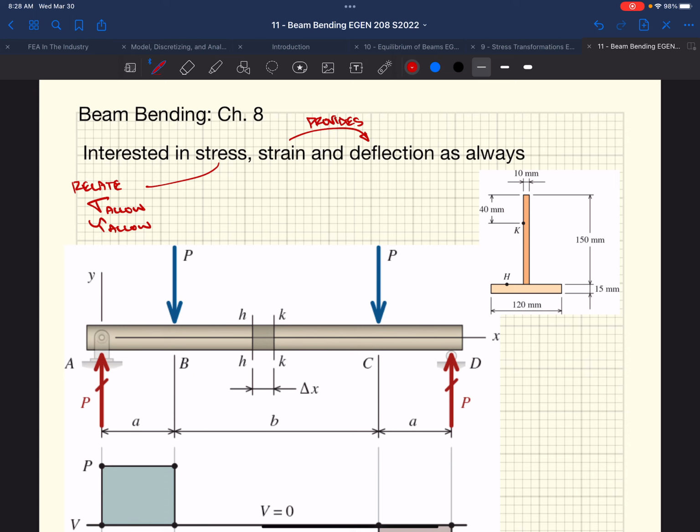If we multiply that by the original length, we can get the change in displacement, right? This deflection allows us to look at an allowable displacement, right?